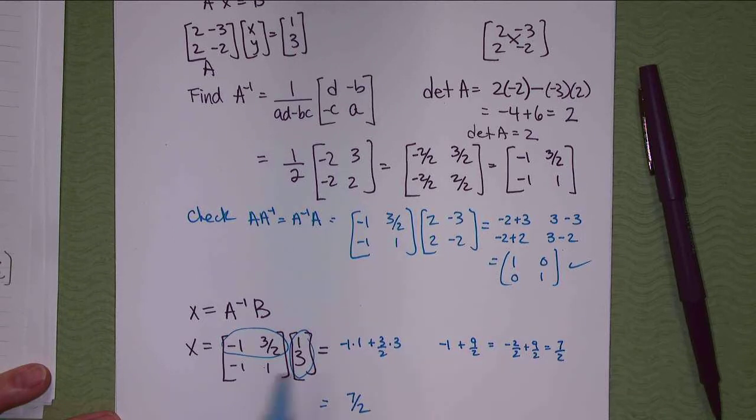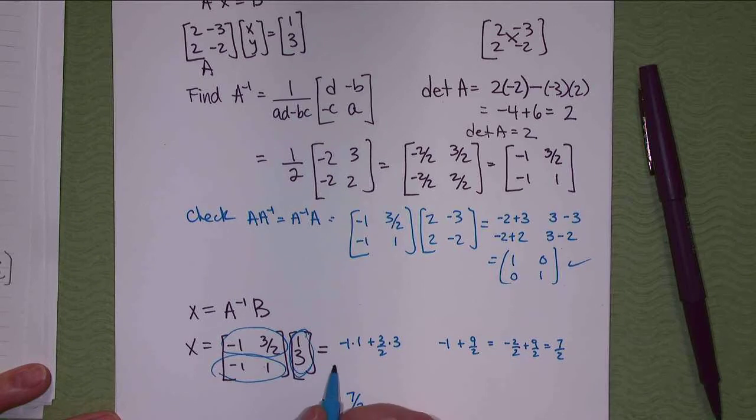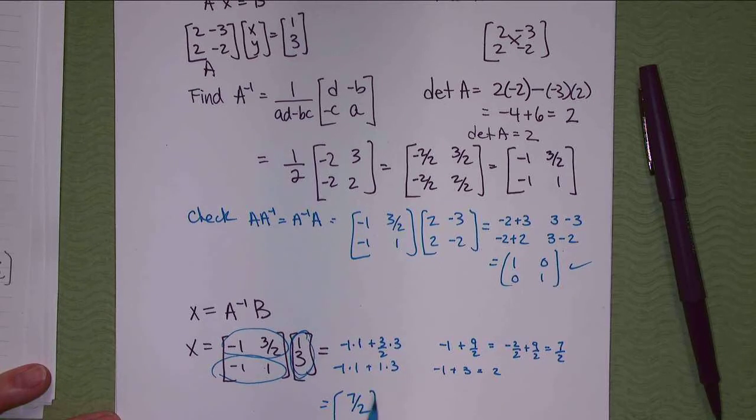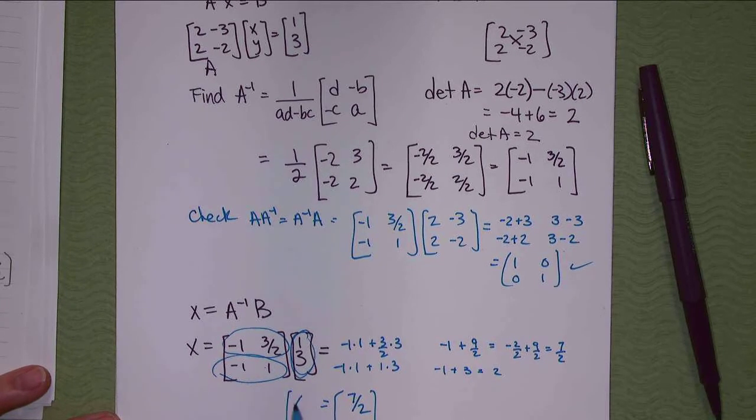And then minus 1 times 1 plus 1 times 3. All right, so here's x, which would be xy. So x equals 7 over 2, y equals 2.